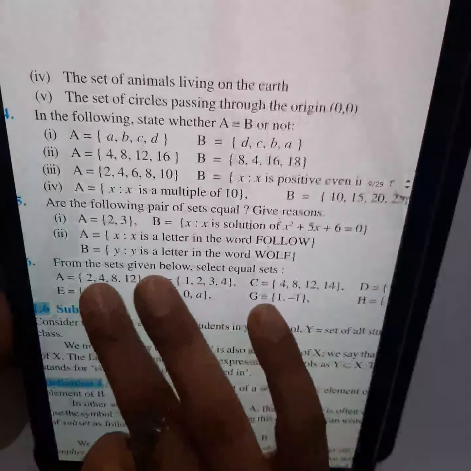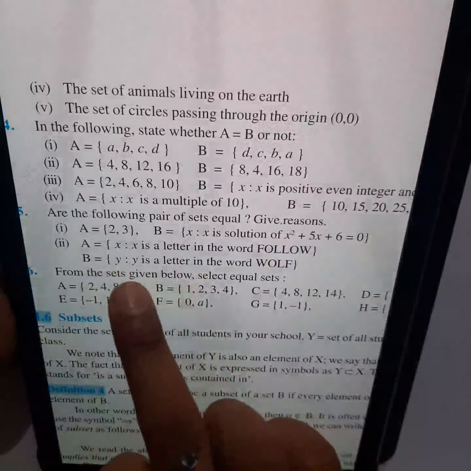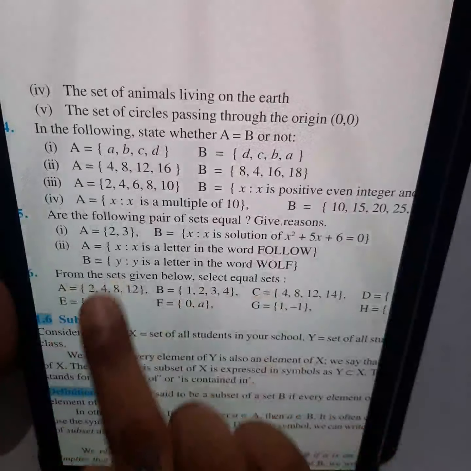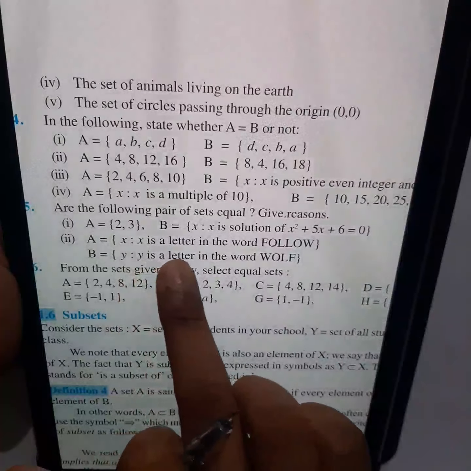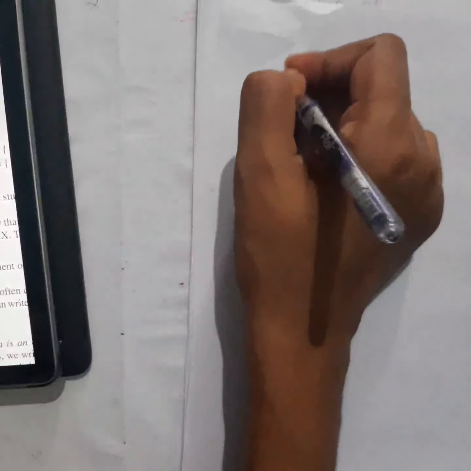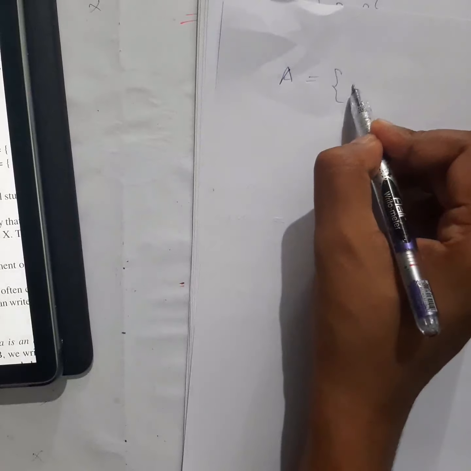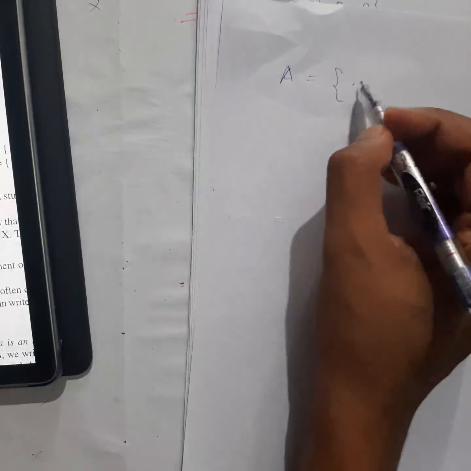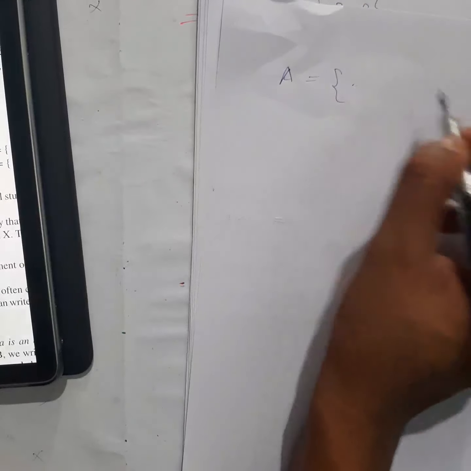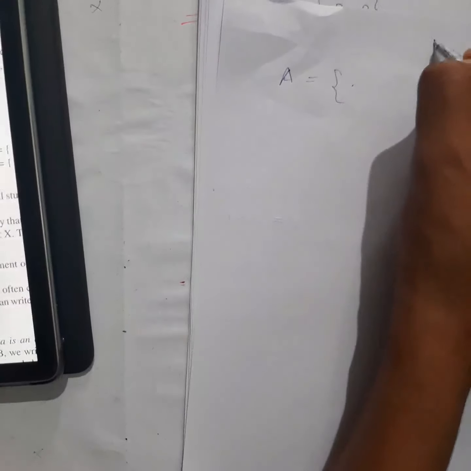See here, number 2, what does it say? A is equal to the set in which the elements are x. Now what is x? X is a letter of the word follow.